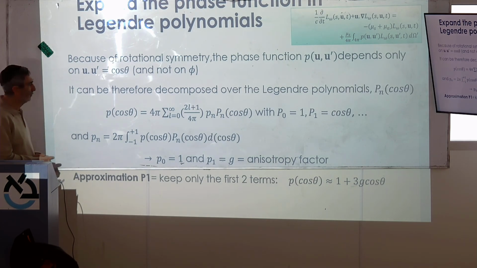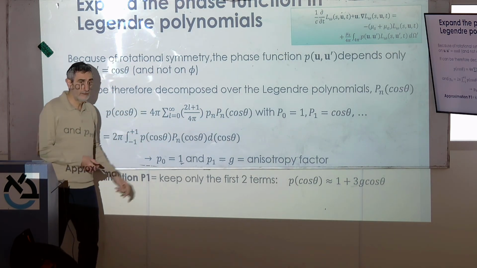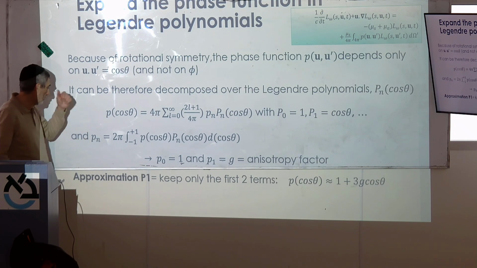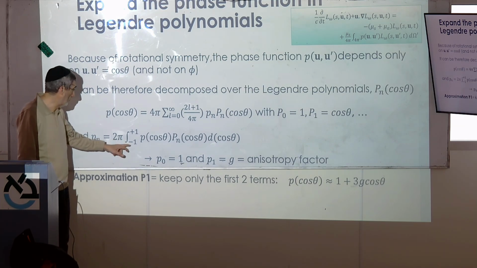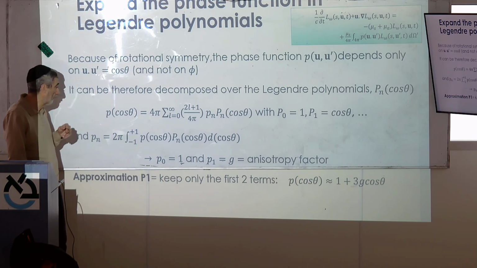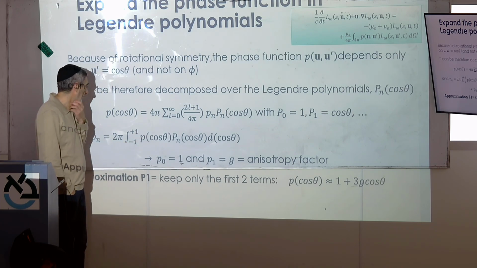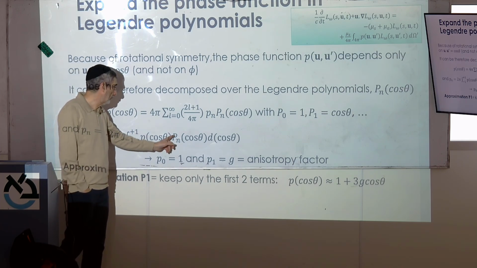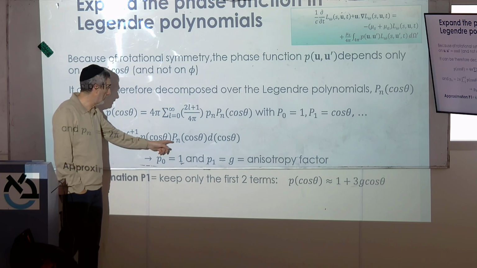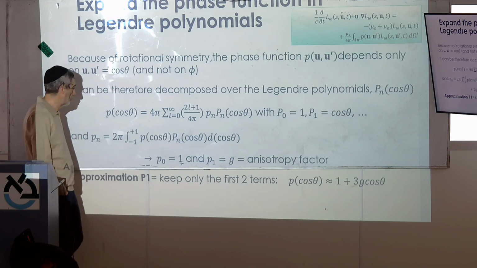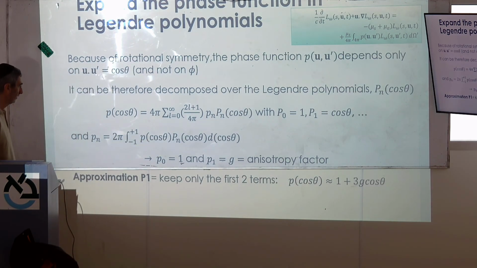The coefficients Pn are given by this equation: 2 pi times the integral from minus 1 to plus 1 of P of cosine theta times the Legendre polynomial Pn of cosine theta, by the definition of orthogonality of the functions.